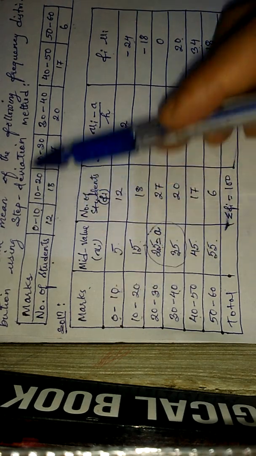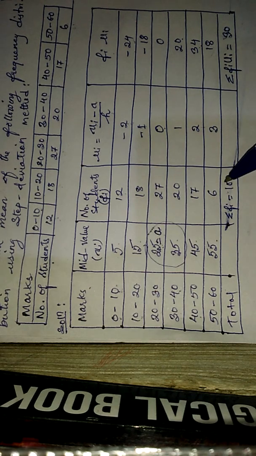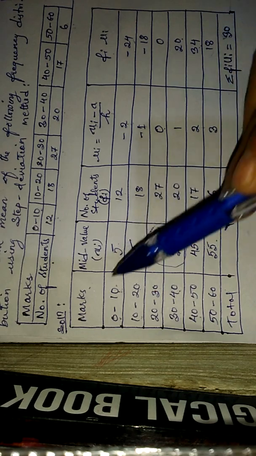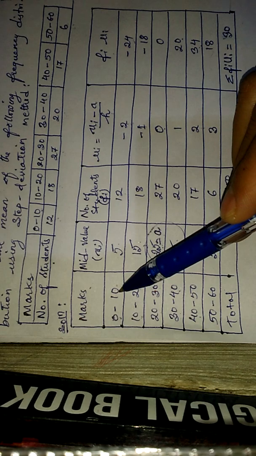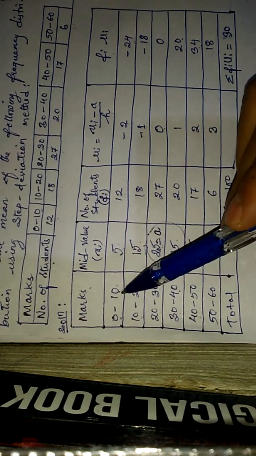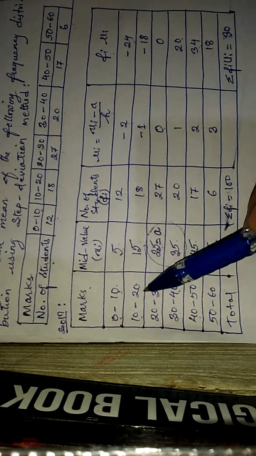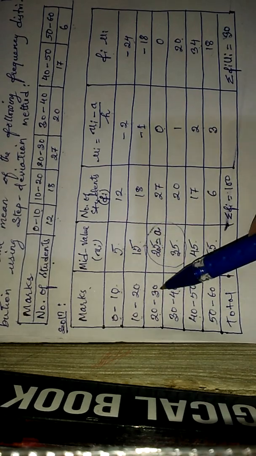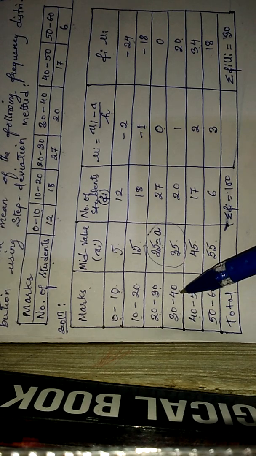You have to add the lower limit and upper limit, then divide by 2. 0 plus 10 is 10, divide by 2 is 5. 10 plus 20, 30, divide by 2 is 15. 20 plus 30, 50, divide by 2, 25. 30 plus 40, 70, divide by 2, 35. 40 plus 50, 90, divide by 2, 45. 50 plus 60, 110, divide by 2, 55. These are our mid values.